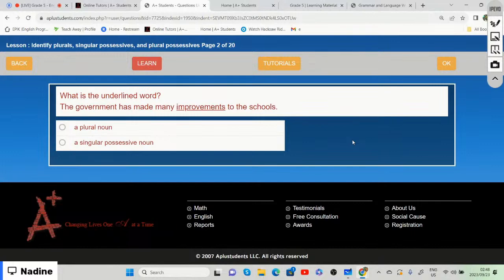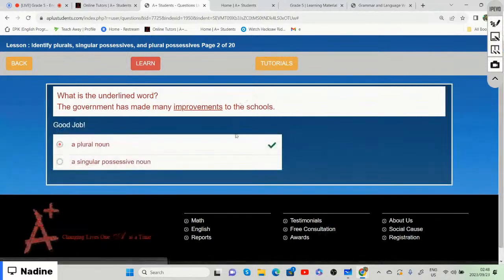We can say it is a plural noun because it shows more than one. It shows that there are many improvements. It's not just one improvement, it's more than one improvement. So it's improvements, and that is a plural noun.